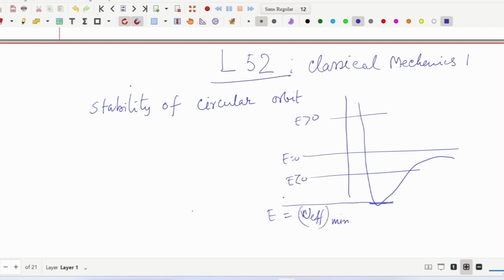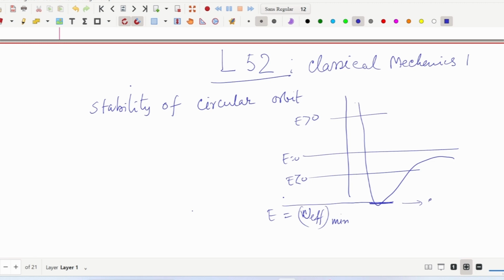We found that when the energy of the particle is equal to the minimum of the U effective potential, then we have a circular orbit.